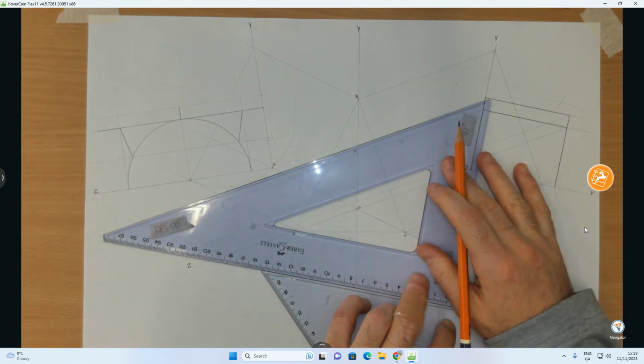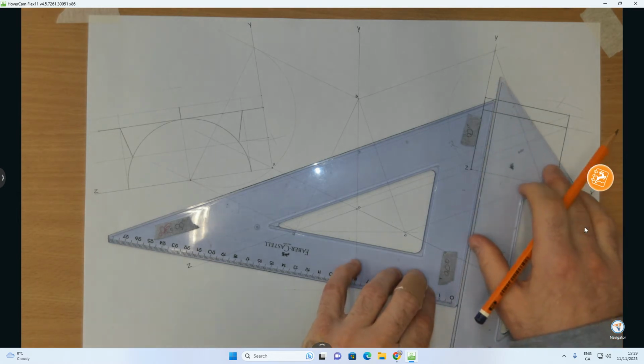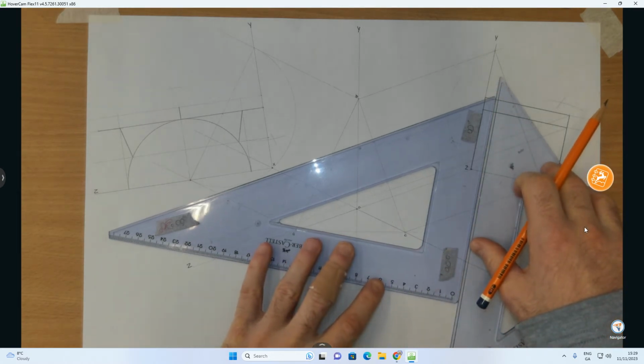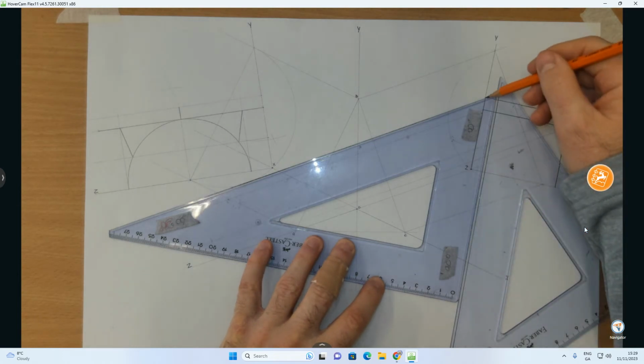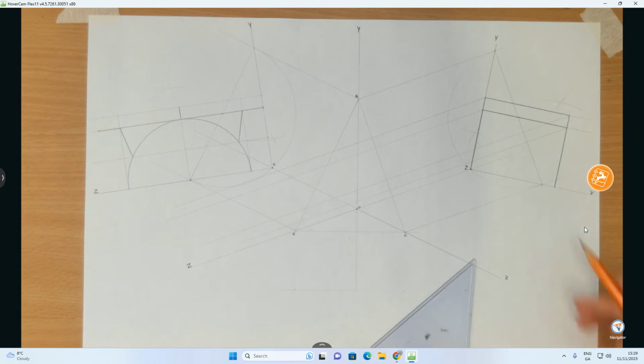Hopefully hit the top one, just a little bit off, so I'm going to rotate my set square around, and that'll allow me to go up. Okay, so those 4 lines have come down from here.